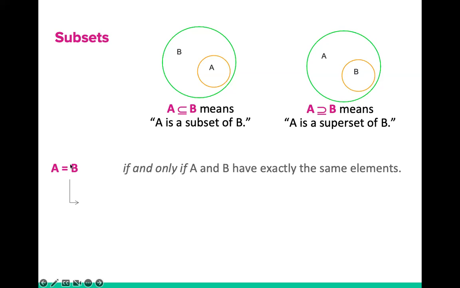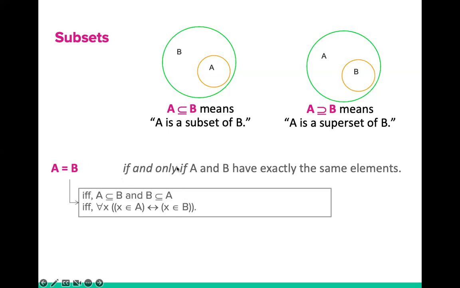Okay, so what about A equals B? What does that mean? If you remember set equality, we say that two sets are equal if and only if the two sets A and B have exactly the same elements.